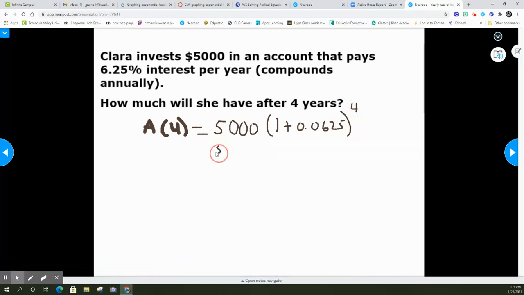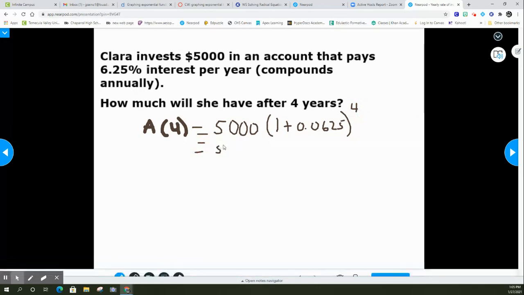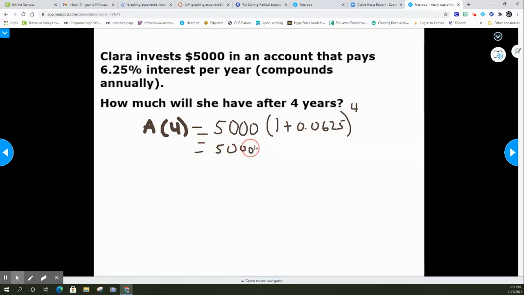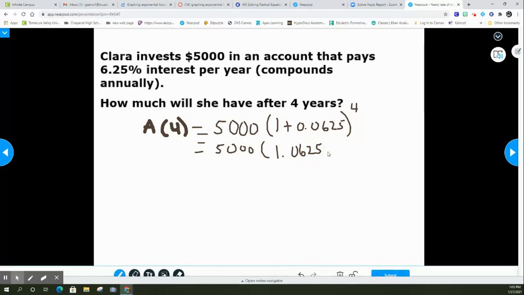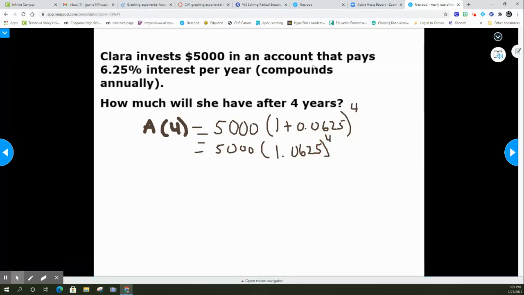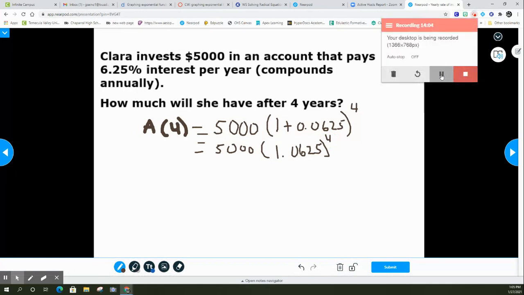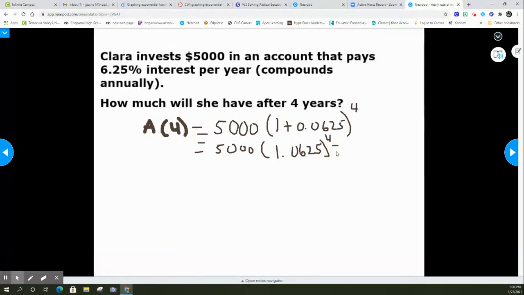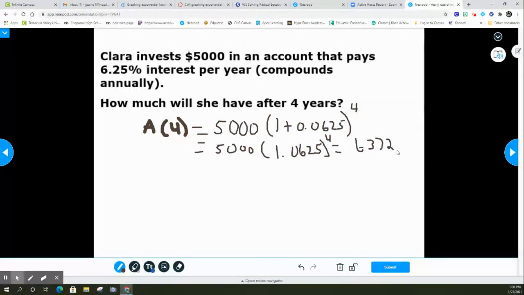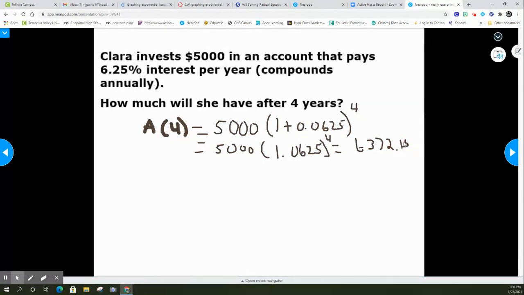So you do your work, and you're going to get 5,000 times 1.0625 raised to the fourth power. Let me pause that, type that into a calculator. My calculator gives me $6,372.15. Remember, it's money, so you always round to the hundredth spot.